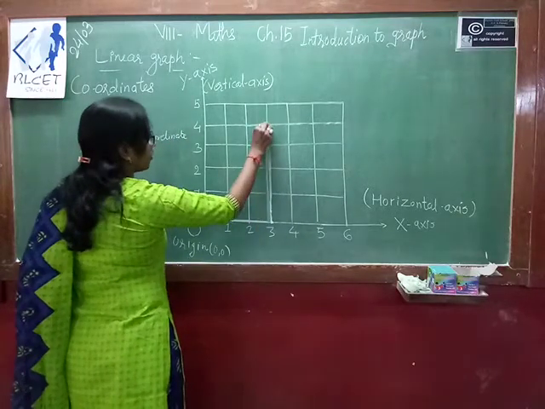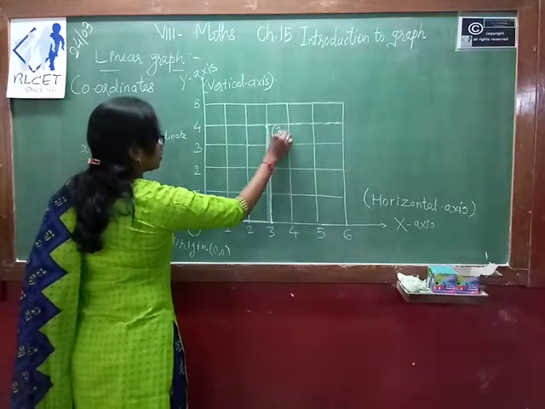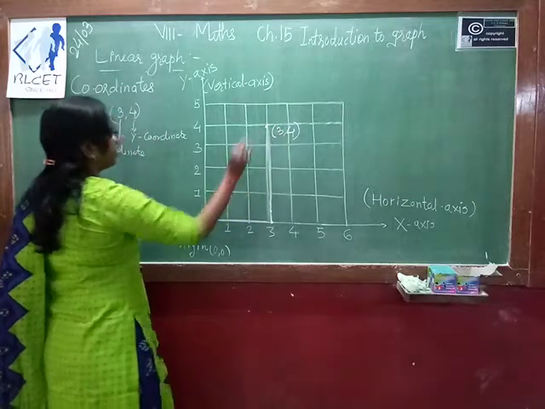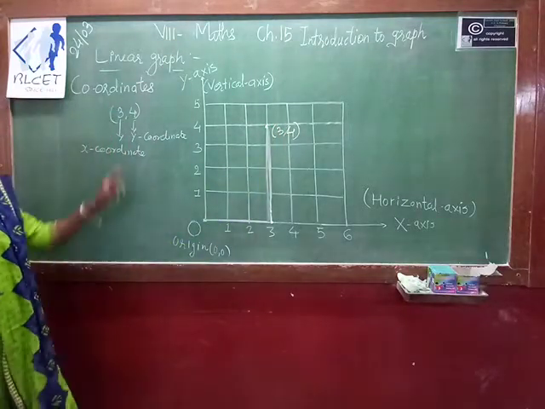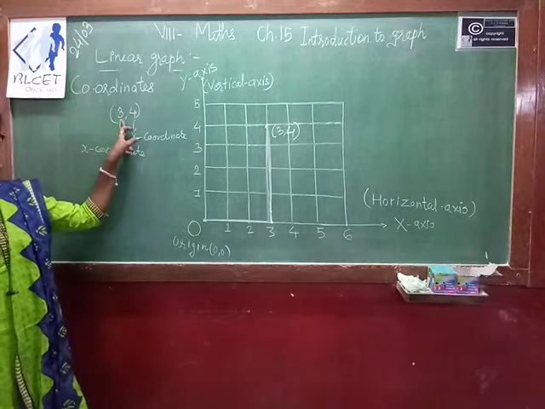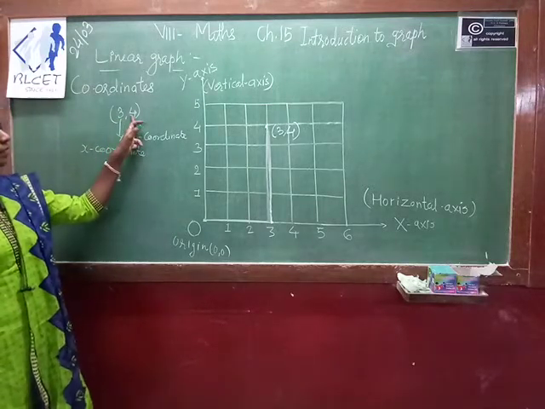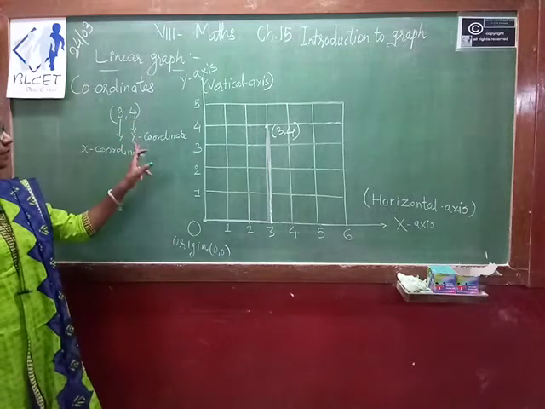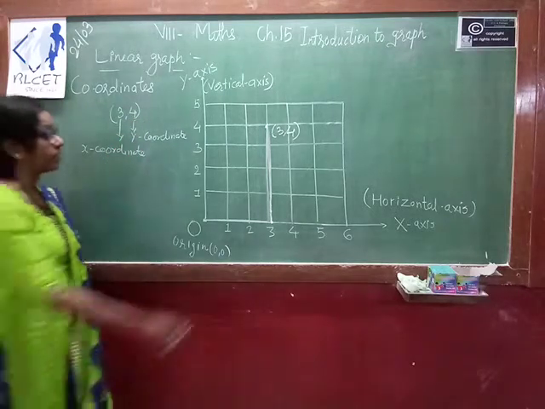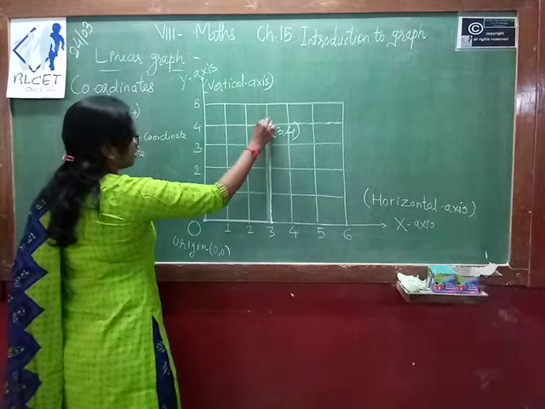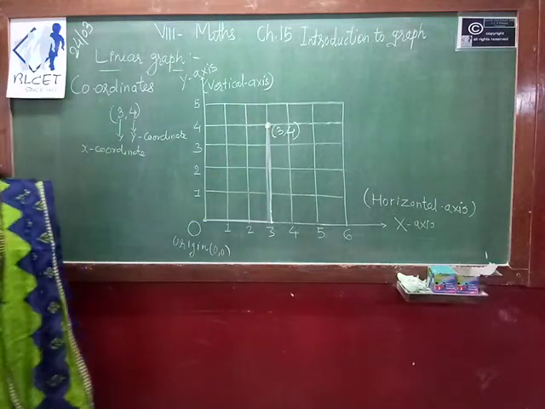So here is the location of the point 3, 4. Your first digit represents your x coordinate and the second represents your y coordinate. This way we can plot a point on a graph paper.